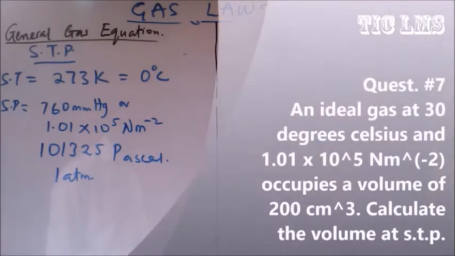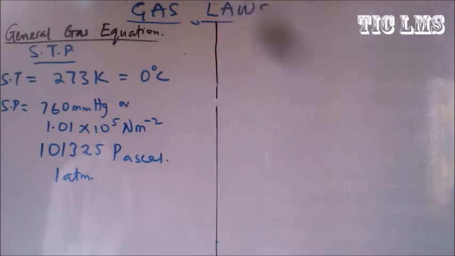Okay, an ideal gas at 30 degrees Celsius and 1.01 times 10 to the power of 5 Newton per square meter occupies a volume of 200 centimeter cubed. Calculate the volume at standard temperature and pressure.